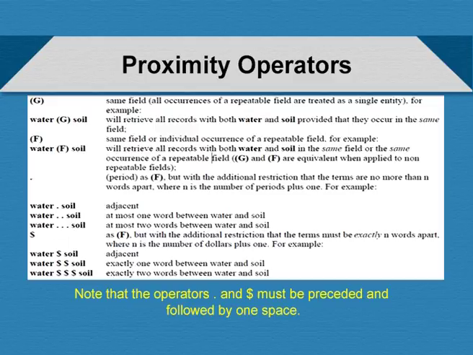There are many operators available. Mostly we use the G operator to search records with two terms available in proximity position. Say you want to search only those documents where water and plant are separated by one space.